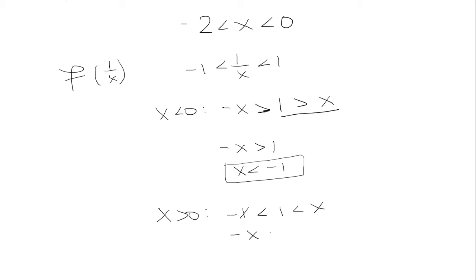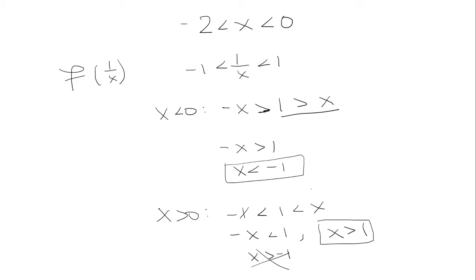Negative x is less than 1. And then the second part says x is greater than 1. Okay, well, if I multiply by -1 here, I get x is greater than -1, which we said x is less than -1, so we're going to throw this out, and we're going to keep x is greater than 1.